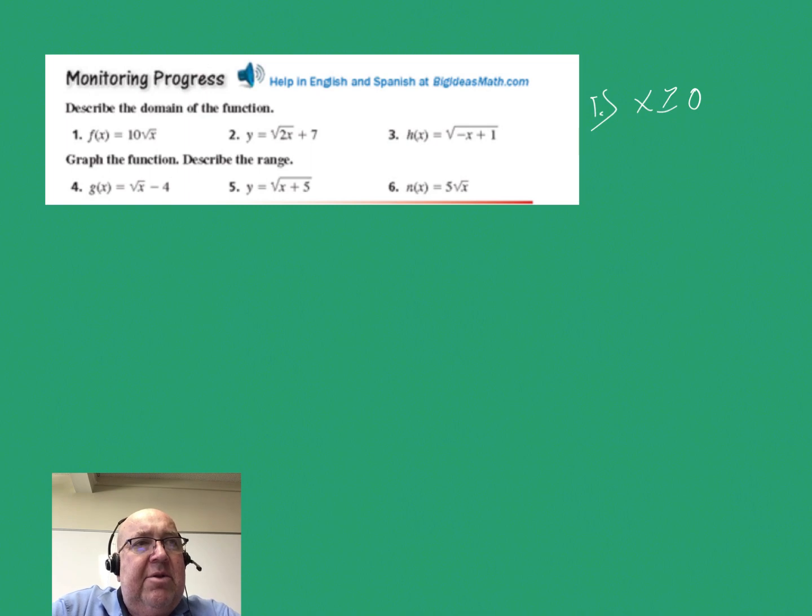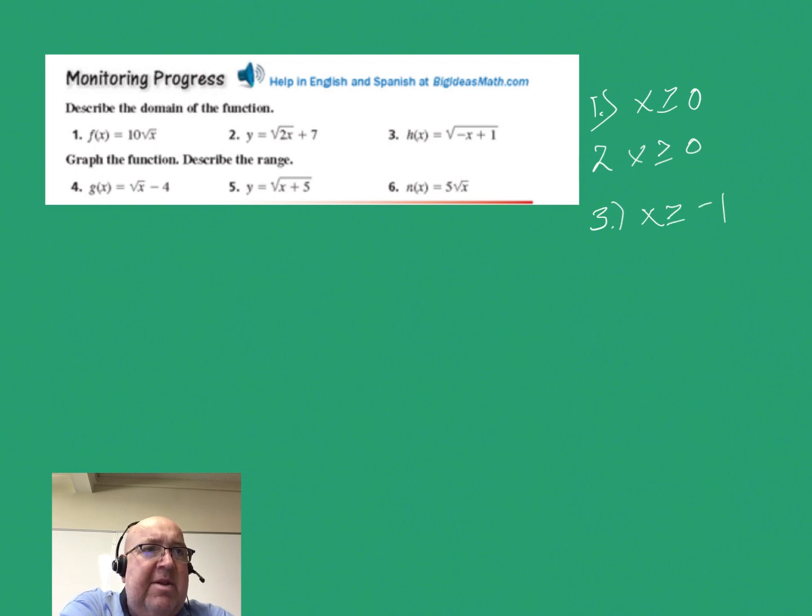So number 2 is still going to be x is greater than or equal to 0. Number 3, because of the 1 inside, it's actually going to go backwards and it's going to be x is greater than or equal to negative 1. Remember, we use the negative value of h.